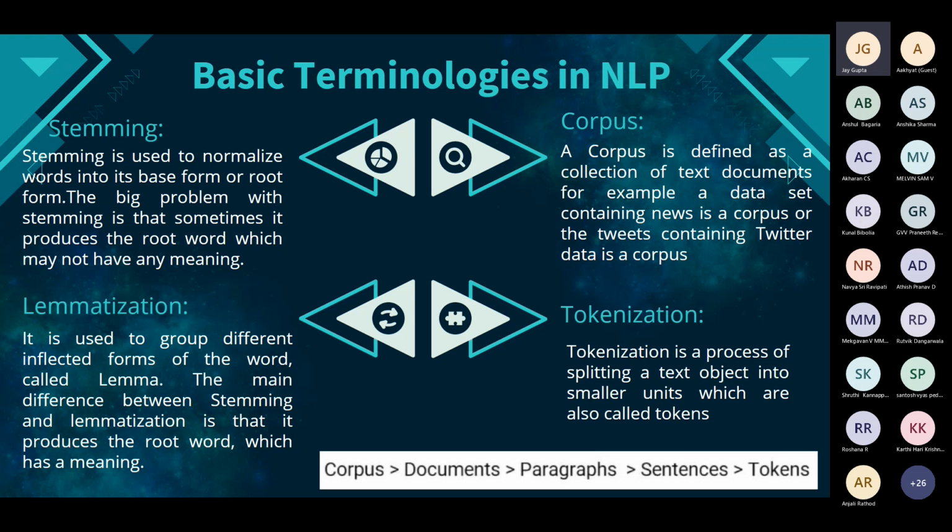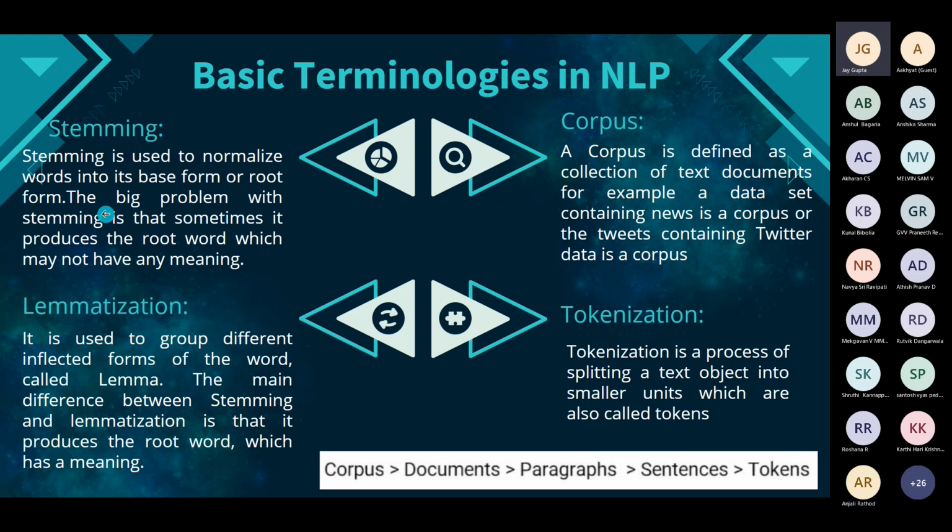It is the process of dividing whatever we have, like paragraphs and documents, into words, which are called tokens. We give each word a unique number to identify that word. That is called tokenization.